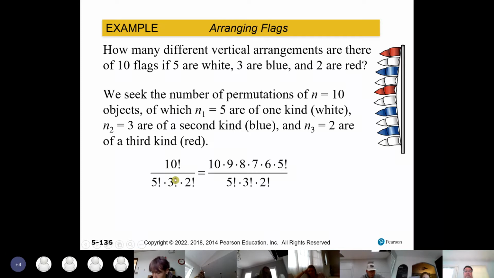So it's 10 factorial over 5 factorial times 3 factorial times 2 factorial. That's how many different trees you've got. Here's the arrangements, and here's the different flags you have. And you're going to do that on your calculator.